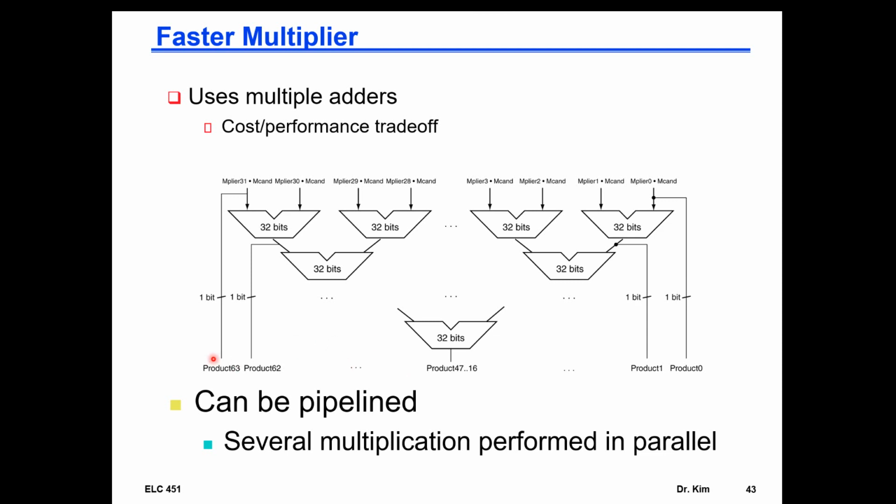The other benefit of this type of what we call parallel multipliers, because it's not on a cycle-by-cycle basis, is that you can pipeline them, a technique that we'll discuss in the next chapter.